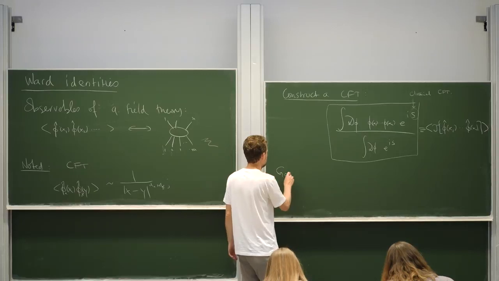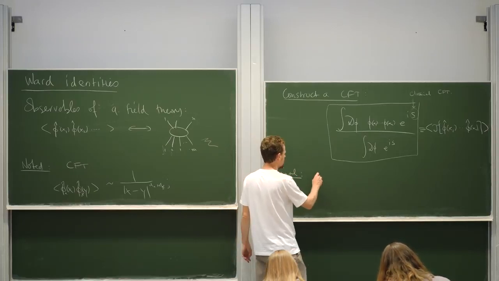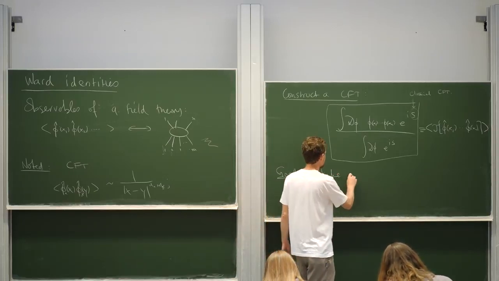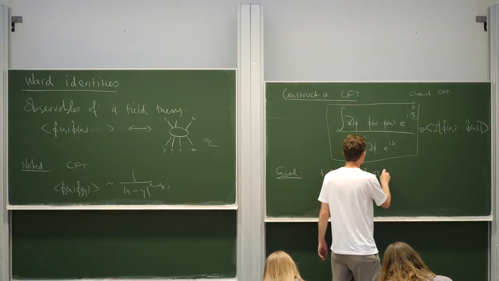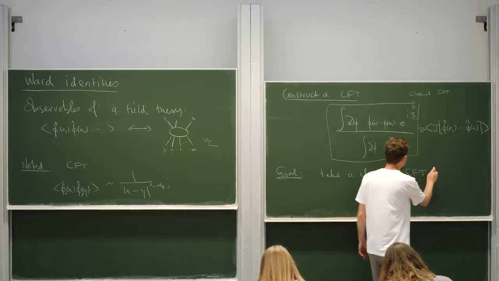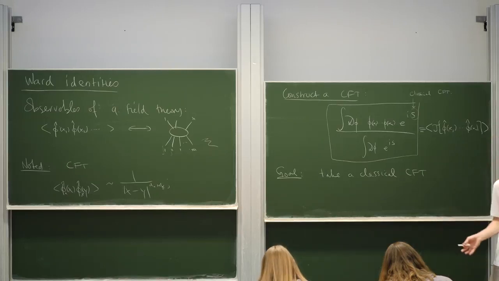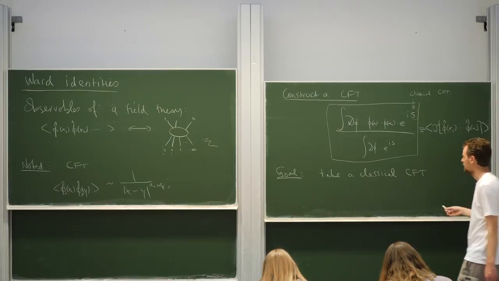So the goal, which we started in the previous lecture, is that we take as input a classical conformal field theory, which are relatively easy to build, relatively.